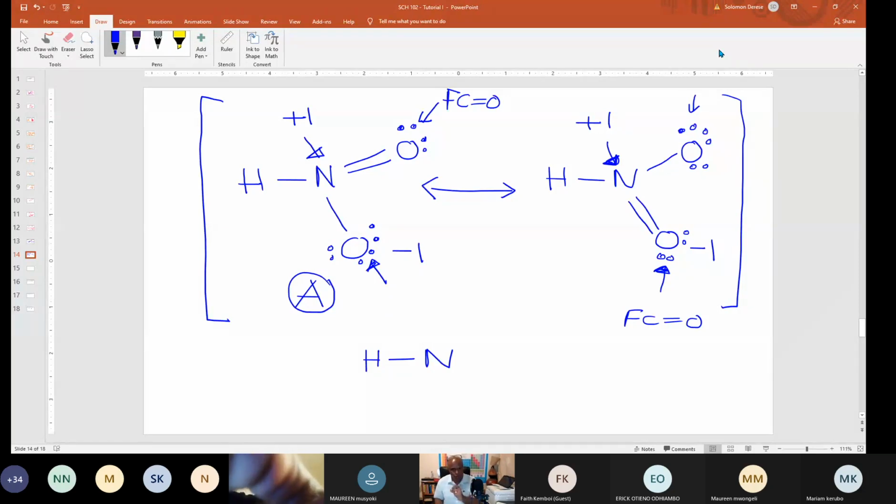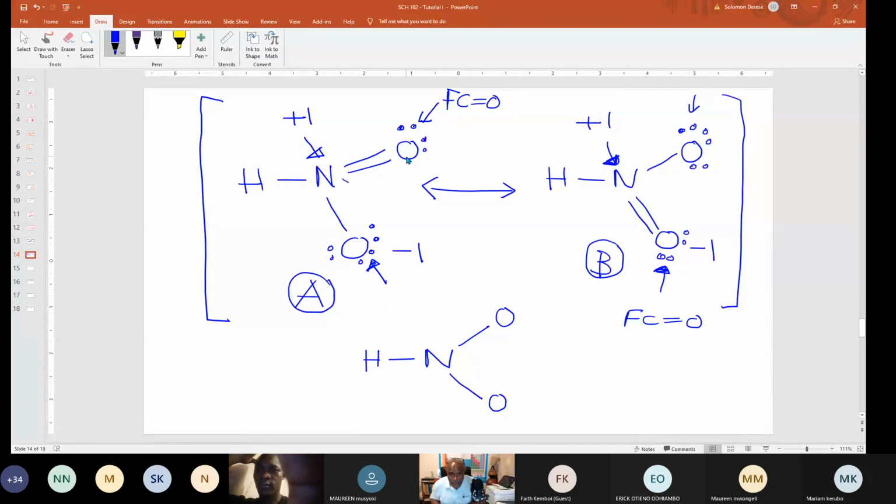What is also true, the nitrogen has bonded to oxygen. This is also true through a single bond. What is now not fixed? What is different in one case, in resonance A, so these are the two resonance structures A and B. In resonance A, we had a double bond here, a nitrogen-oxygen double bond.